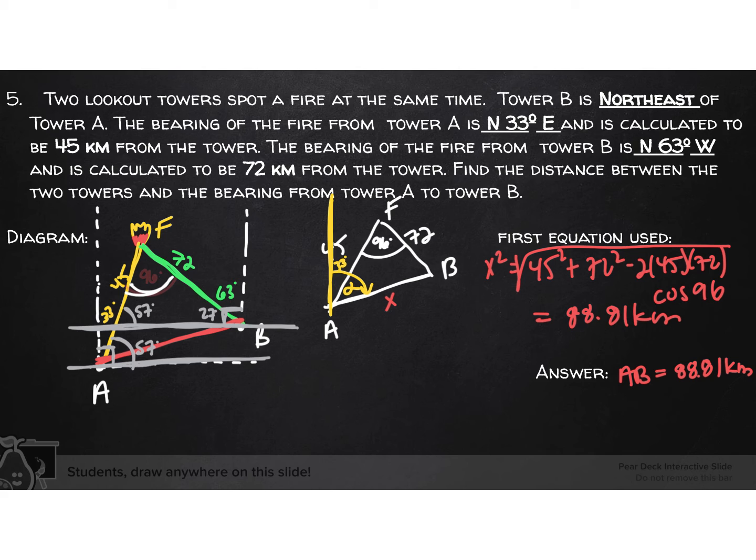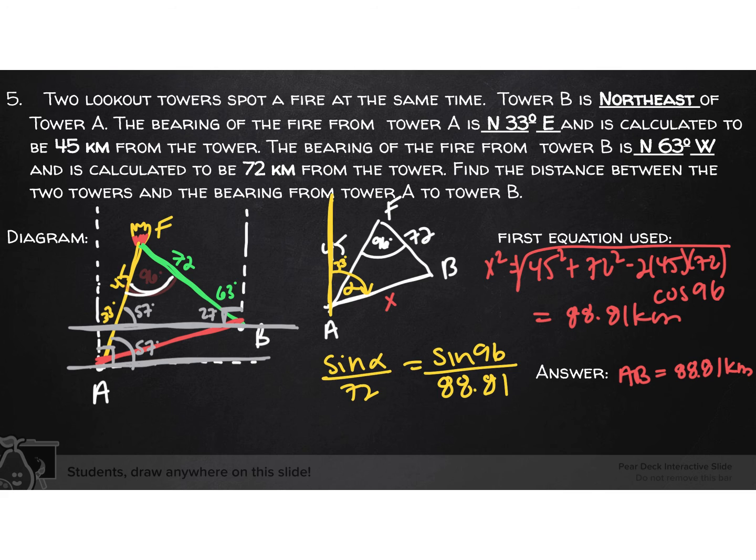So we can do sine of alpha over 72 is equal to sine of 96 over that number we just found.